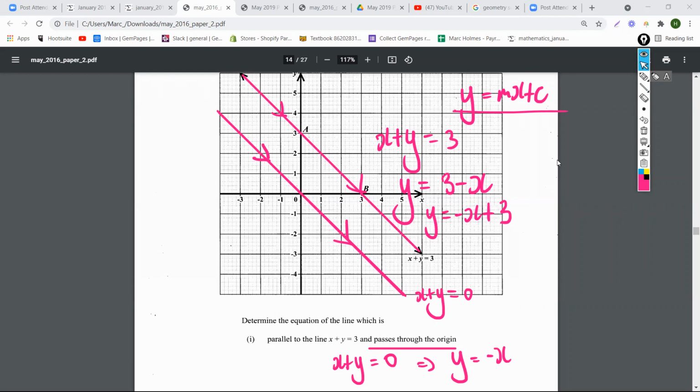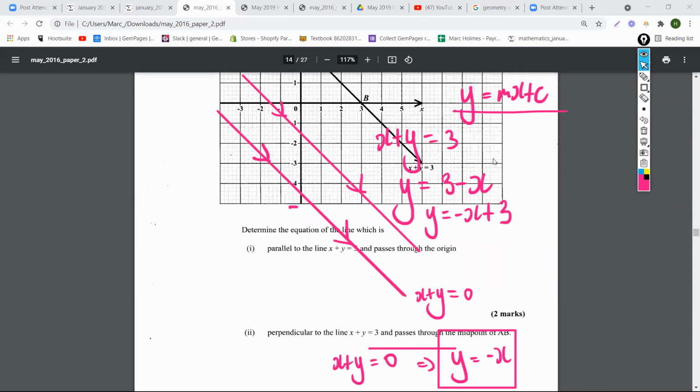That's the equation. The origin is always 0, the middle. Okay. So this one wasn't too bad.